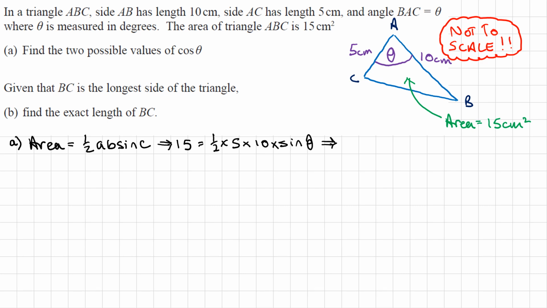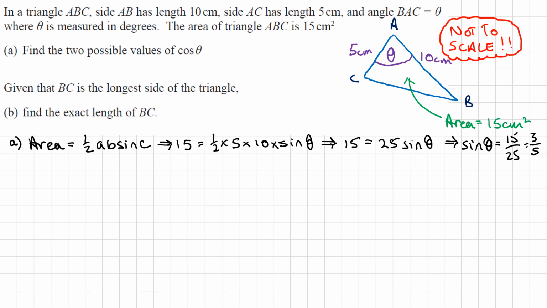So I can rearrange this or work it out. So I've got 15 is equal to half times 5 times 10, that's 25 sine theta. So I'll have sine theta is equal to 15 over 25, and I can divide the top and the bottom by 5 to leave me with 3/5.